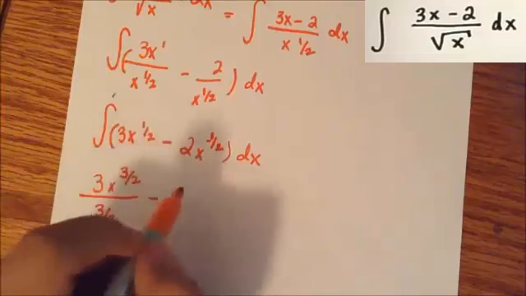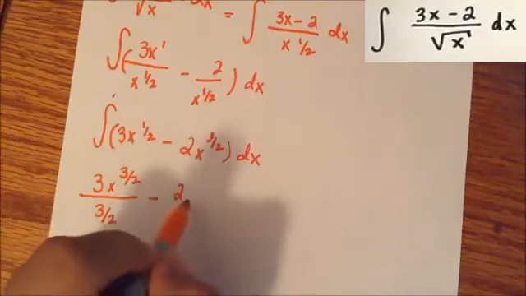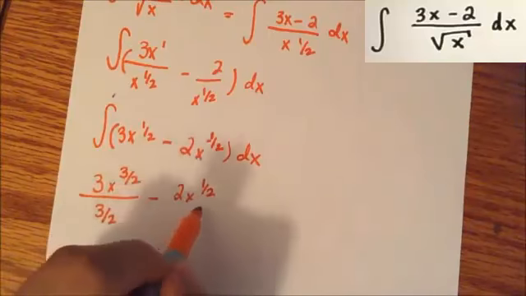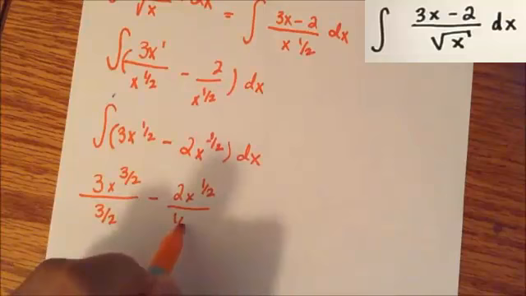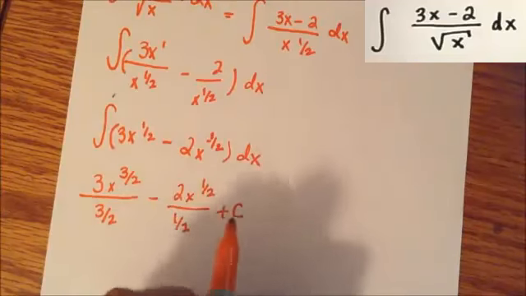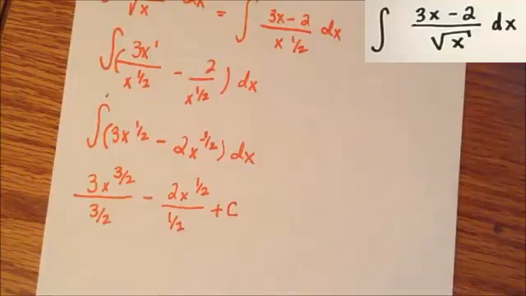Minus, same thing here, I'm going to have 2 times x raised to the power of positive 1/2, all over positive 1/2, and then I'm going to have my constant. Of course, a lot of students forget to write the constant, so keep that in mind. Make sure you always write it.